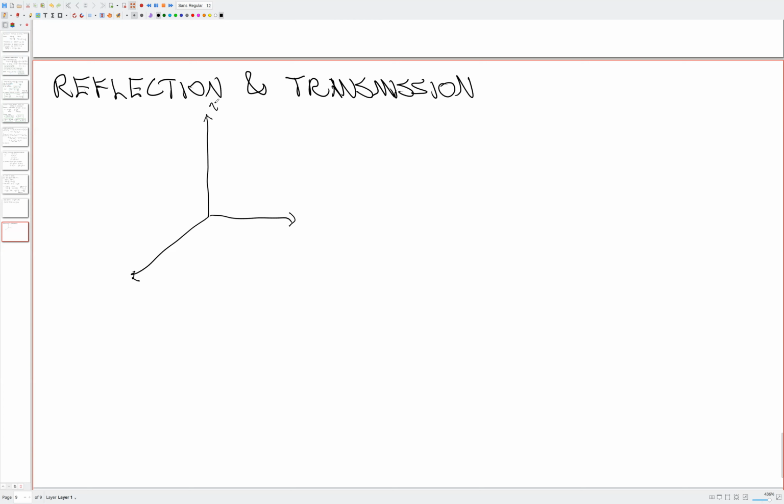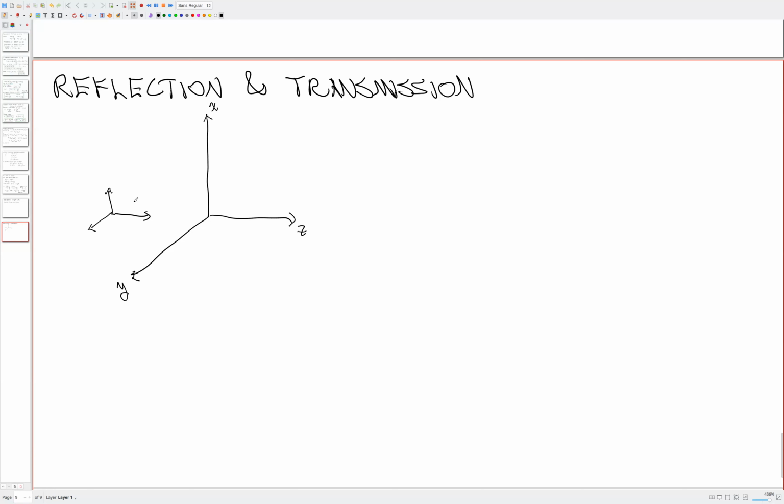Anyway, the coordinate axes are x, y, and z in this way. Okay, and on the negative axis, you'll have an incident wave. It's going to be polarized along the x-axis and have a magnetic field along this.